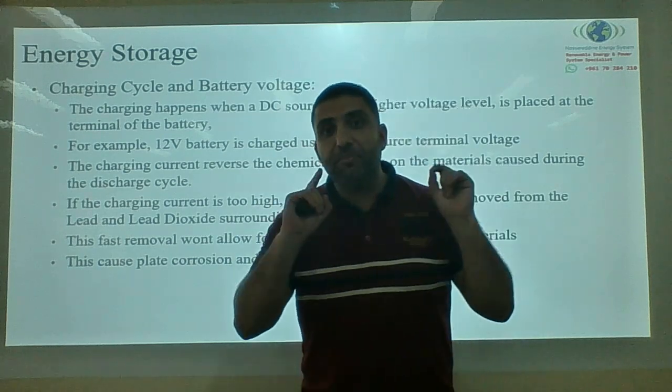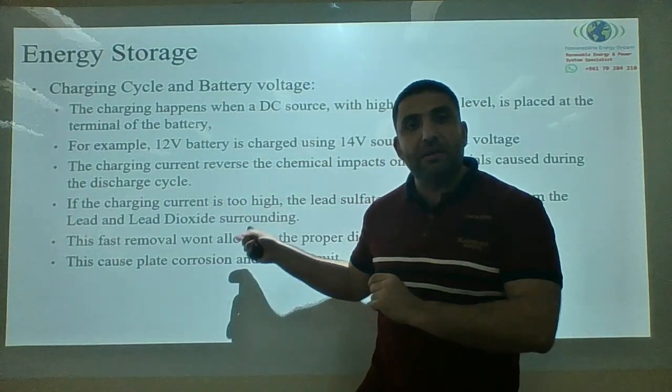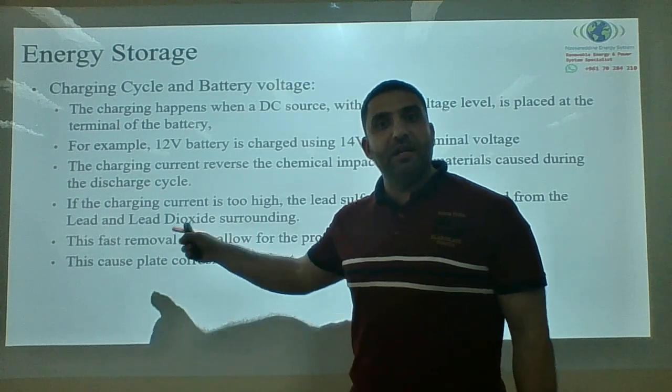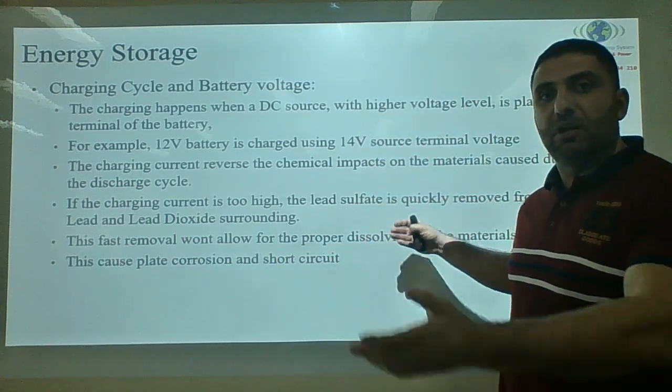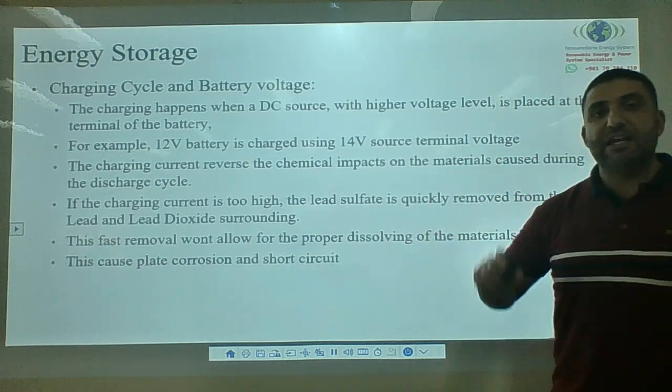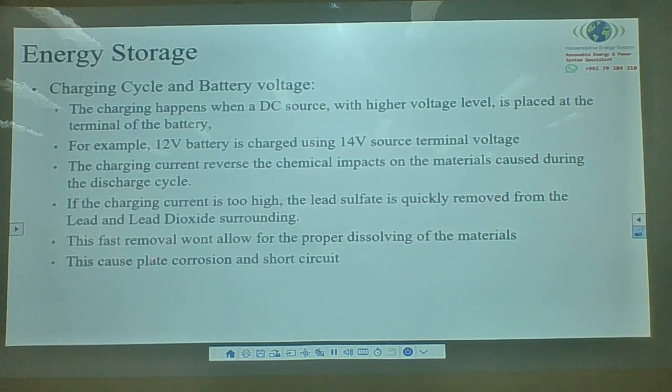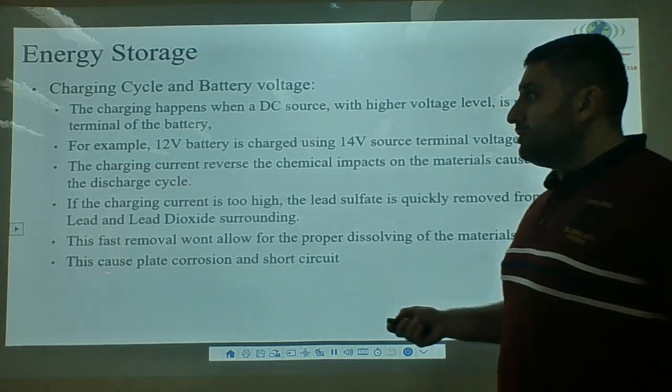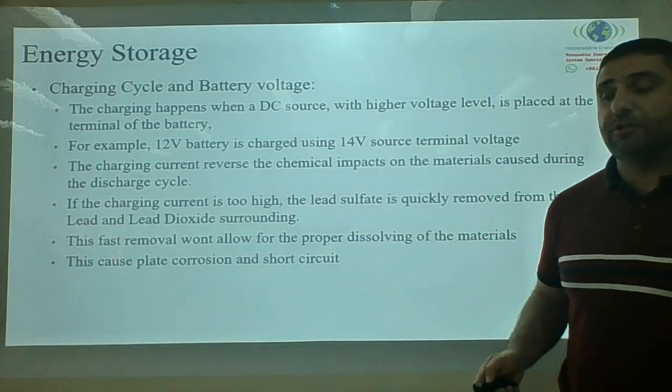I can create high current by creating high voltage across its terminal. This fast removal won't allow for the proper dissolving of the material. This causes blade corrosion and short circuit.